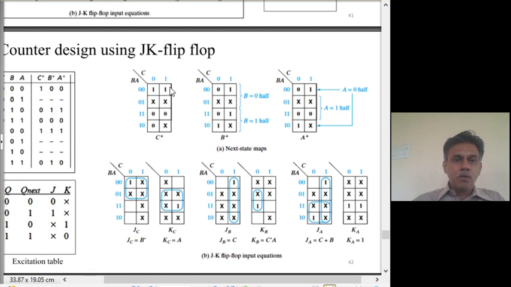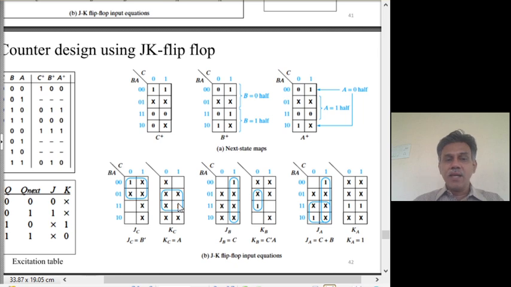Now if you try to do for Kc, c is to be eliminated. You try to read from the sub K map corresponding to c is equal to 1, but ones and zeros switch between these two. So mentally you have to imagine wherever there is a 1, there is a 0, because that is what is present in this map.